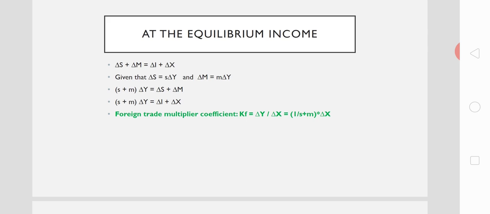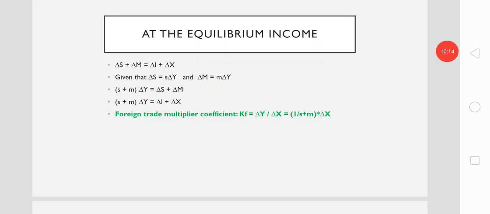The foreign trade multiplier coefficient is measured by dividing the change in national income due to the change in investment on export industries, that is ΔY by ΔX. It is also calculated as 1 by (S plus M), where S plus M stands for marginal propensity to save plus marginal propensity to import, into ΔX. ΔX here stands for change in investment on export industries.